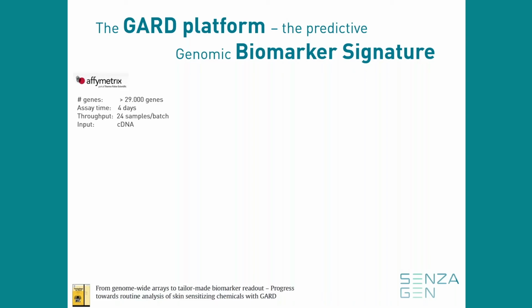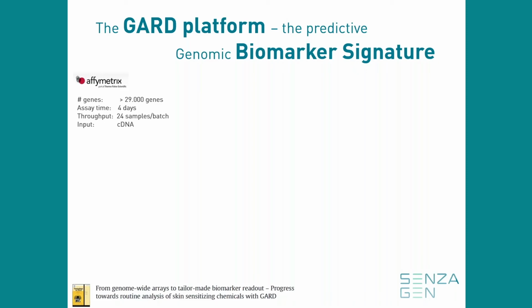The Affymetrix platform that we use in order to identify our biomarker signature is extremely useful because you can look at the whole transcriptome of the cells, and then you can reduce the number to only those genes that are highly predictive.